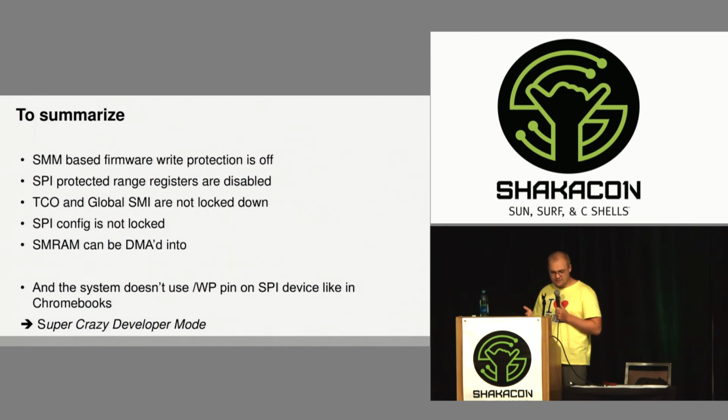If it's not, Coreboot doesn't have any other protection at all. And I would say, who wants to install Coreboot on their own laptop? I will go to that a little bit later. We call it super crazy developer mode, when you can overwrite the entire SPI region or SMM code and make a persistent backdoor install in the SMM code.